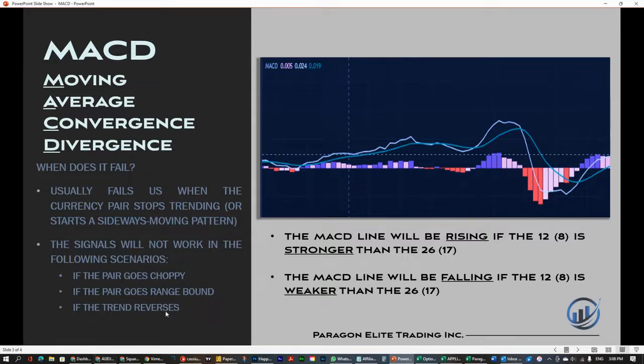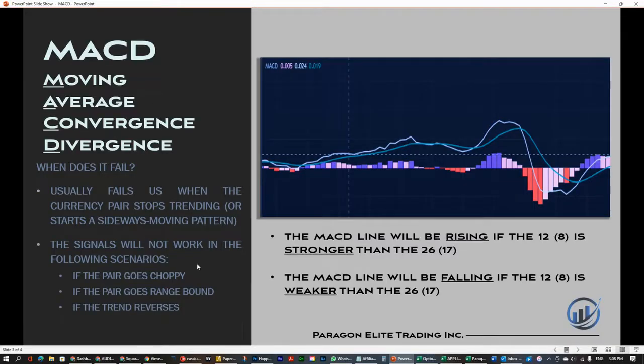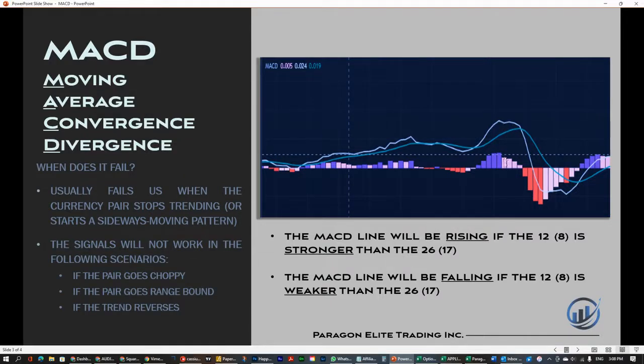The trend reverses. Yeah, I disagree with that one because we just saw two trend reversals that it did show us happening. So scratch that off the list. That is not accurate. For example, I'm pretty sure this trend reversed and that one. So it definitely worked in showing us that that was coming because of the slopes.